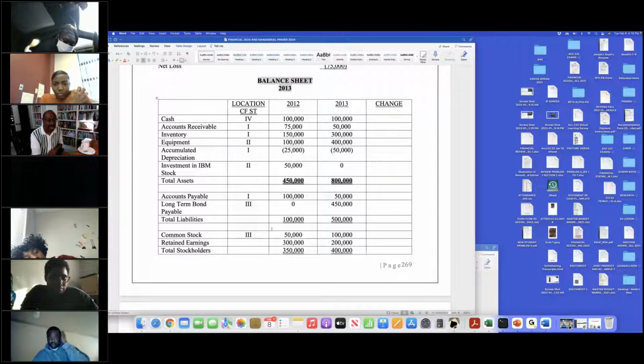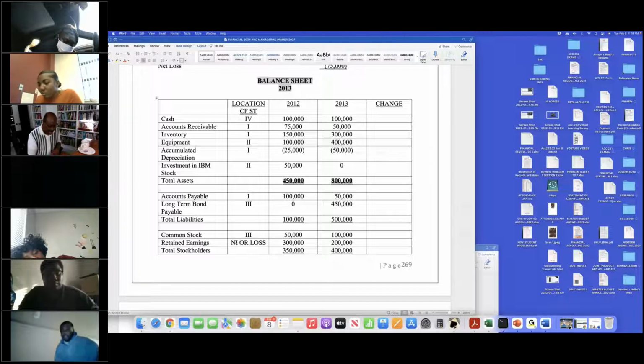And then we have retained earnings. There are 2 components of retained earnings. There's the net income, or a loss, and that's going to be in part one.